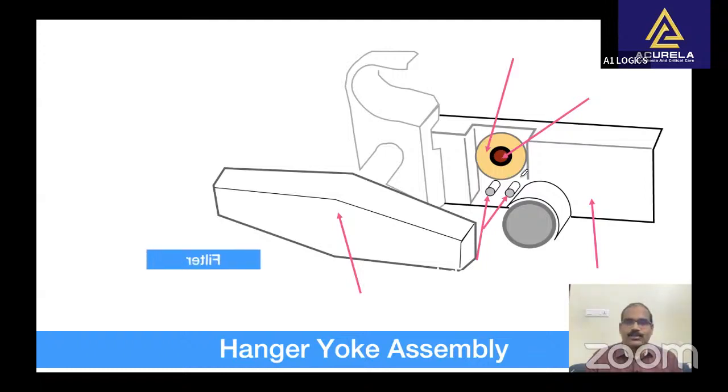There is also a filter to remove particulate matter, and a check valve assembly, which ensures a unidirectional flow of gas through the yoke.